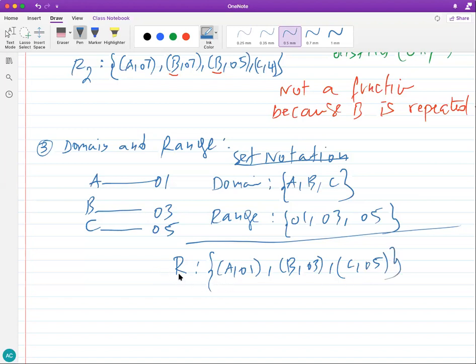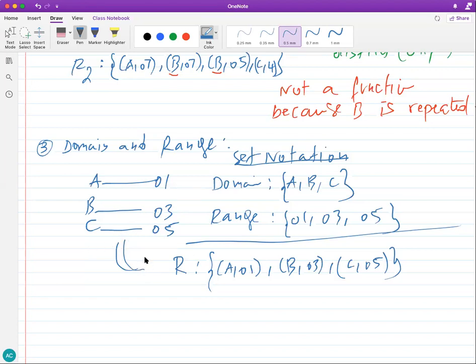Okay, and if you ignore this, again, how can you tell whether this is a function or not? No repeated domain. Exactly, so A is distinct, B is distinct, C is distinct, so that's a function. So if you have the domain by itself here and the range by itself, together they make this. These are pretty much the same thing. We just write them in different forms, but they contain the exact same information.